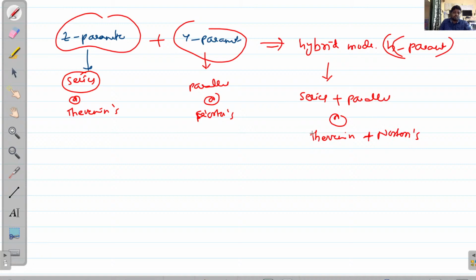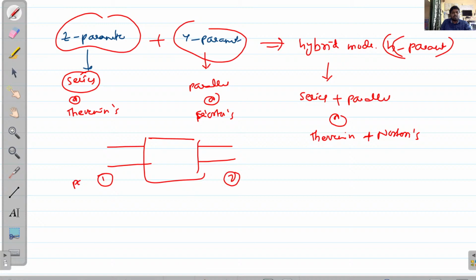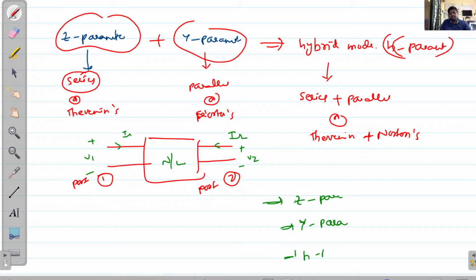In our two-port networks we have two ports, right? This is port 1 and this one is port 2. This is V1 and I1, V2 and I2, and this is your network. In the previous case, take Z parameters, next Y parameters, and in the case of H parameters.